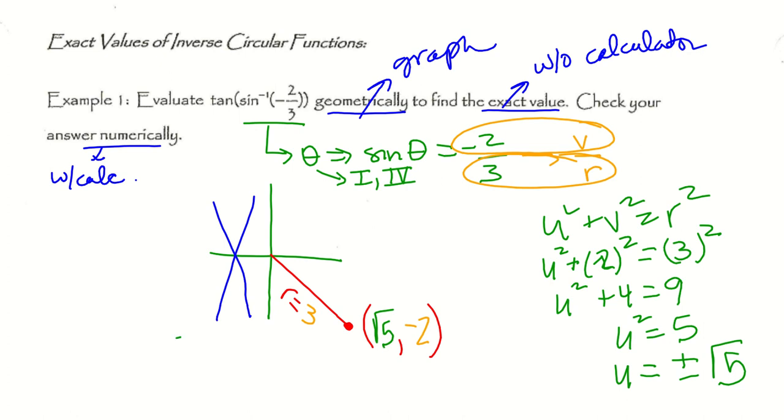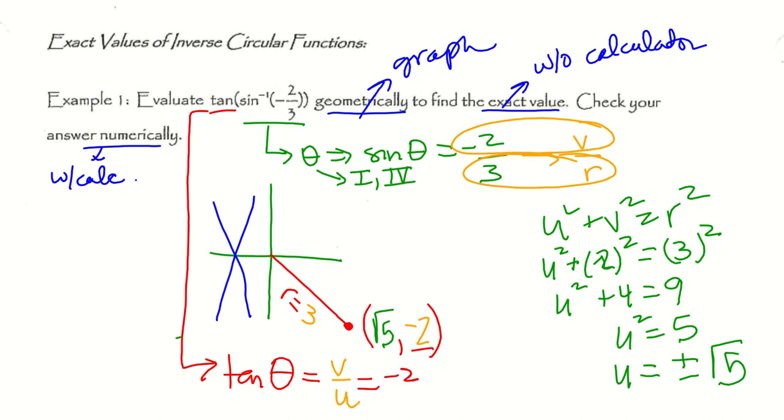Now, from here, I want to find the tangent of my angle. And I know that I can find the tangent of an angle by taking v over u. We have our v is -2.